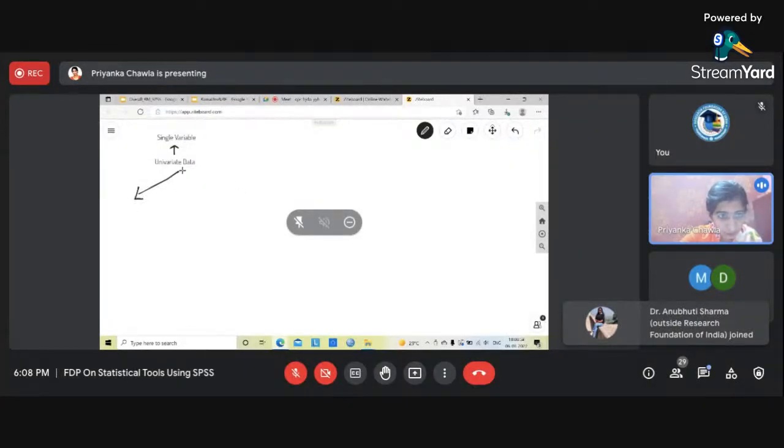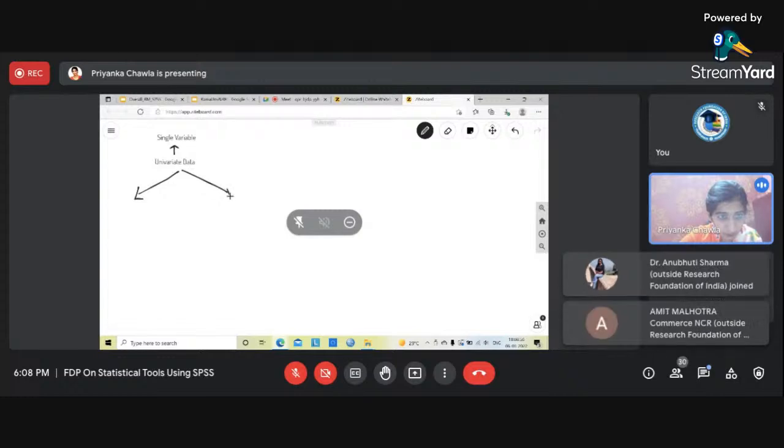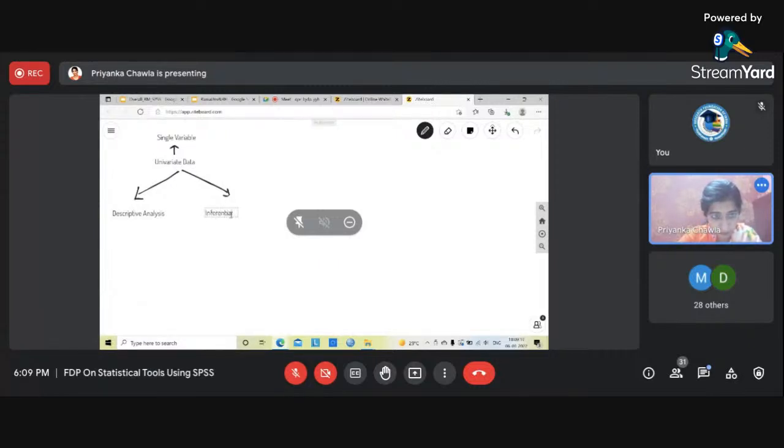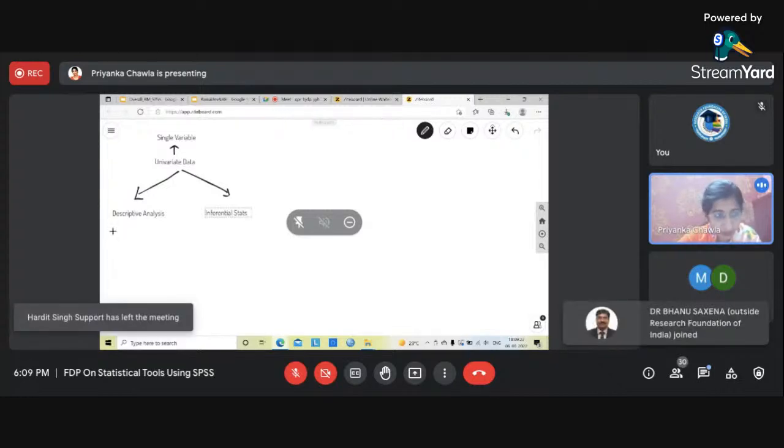There are two ways: in the form of descriptive analysis, that means we are going to describe data, right? Second is inferential statistic. If it is descriptive analysis, that means we are going to describe data based on measurement of scale.